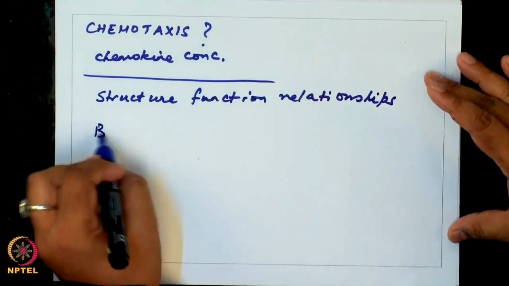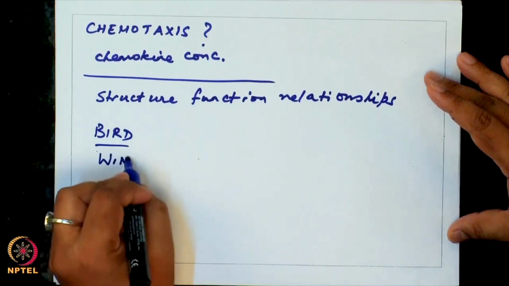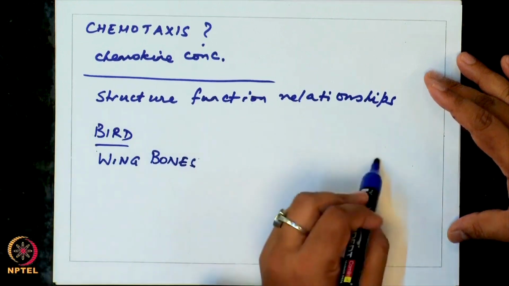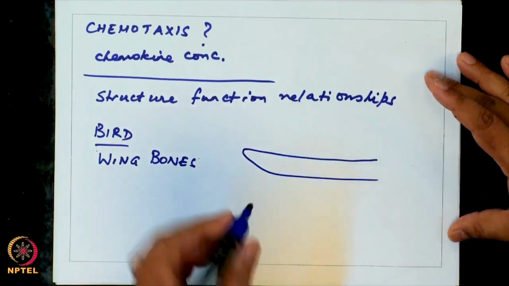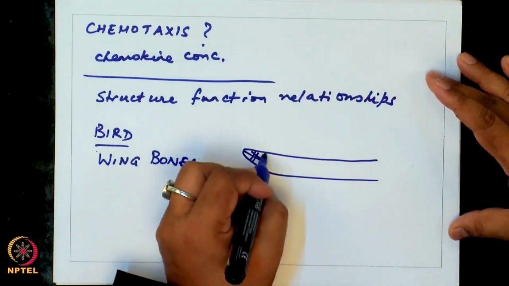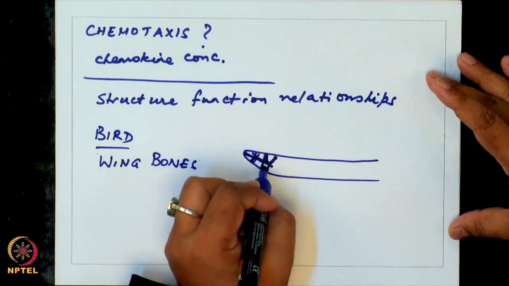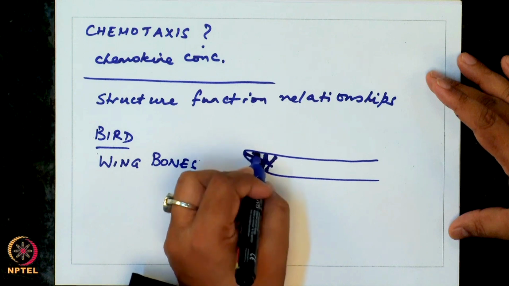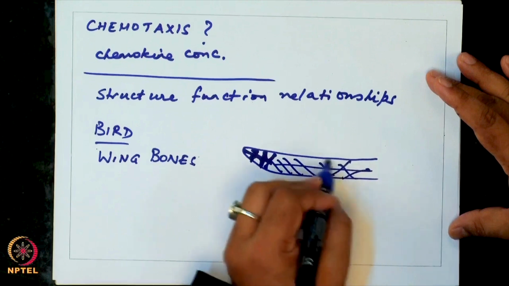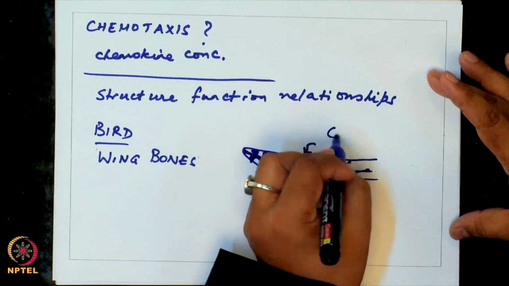If you take the example of a bird, and you look at its wing bones, you would have a structure, which is, okay, so this portion of the bone is continuous.